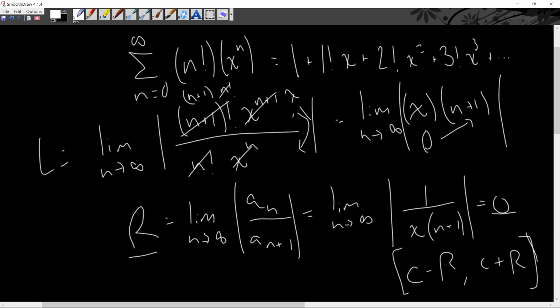If you have a Maclaurin series, or a series in which c is equal to 0, then you just plug in r and negative r for the endpoints. But yeah, for this series and for the previous series, we did not have to plug in any actual values, because we only had 0 for this series and we had all possible values for the previous series.